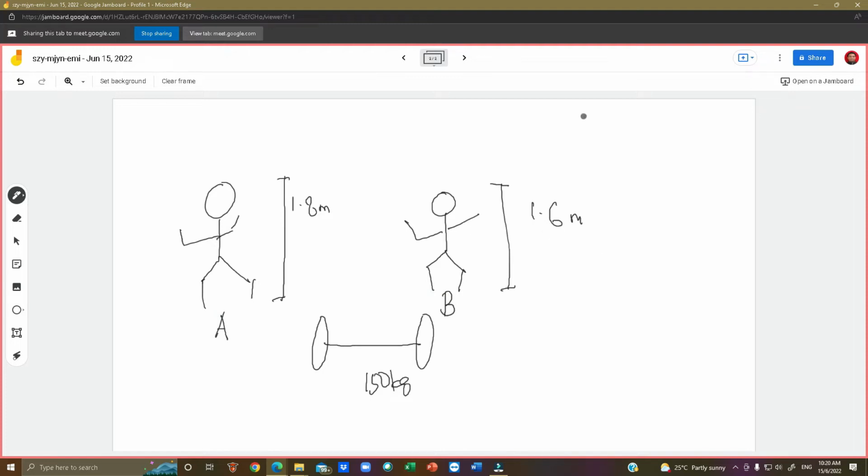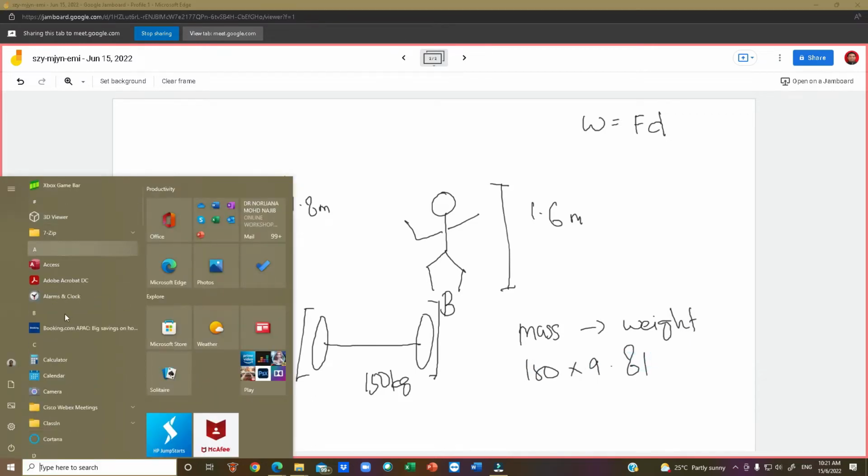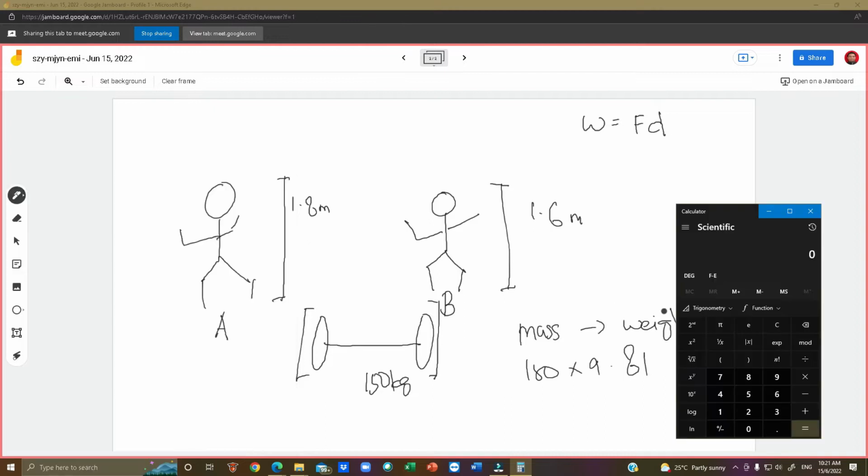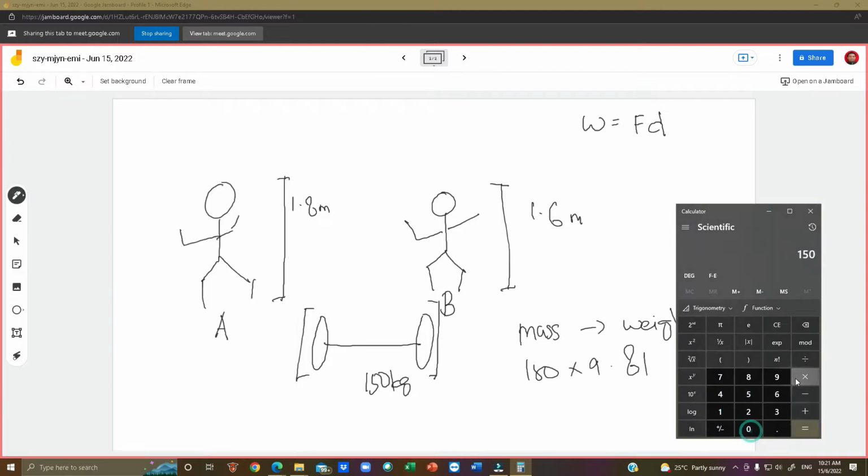Okay, tengok. Work equals to force times distance. In order to lift up that, we need to know how much force needed first. So 150 kg is mass. Change that into weight. So 150 times 9.81. Berapa dapat kat situ? 150 times 9.81.